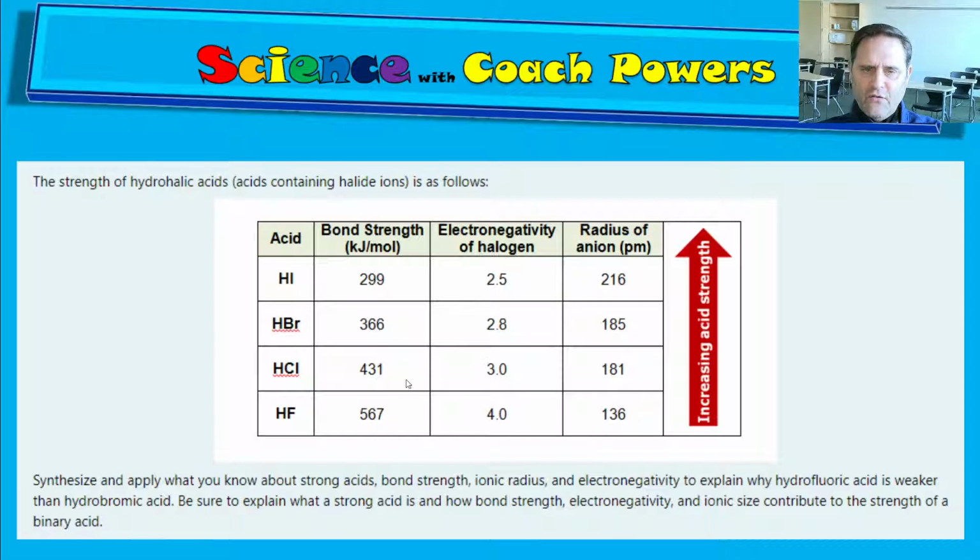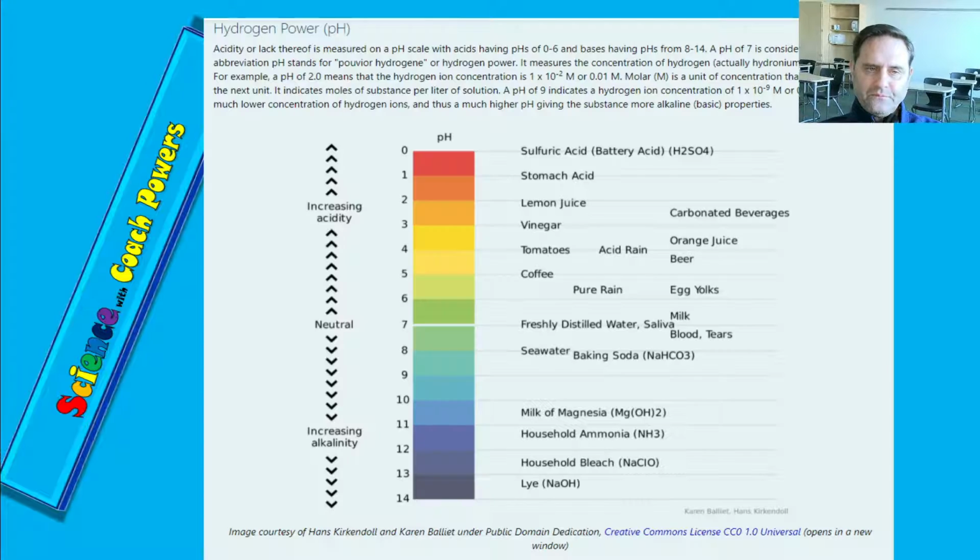So why is hydrofluoric weaker than hydrobromic? Well, there are indicators. Look at 2.8 electronegativity, 4.0 electronegativity. Radius, boom, and boom. Just do the comparisons. The bond strength means it can't dissociate as much as the weaker bonds. So you're going to say it can't totally dissociate as much as the other one can.